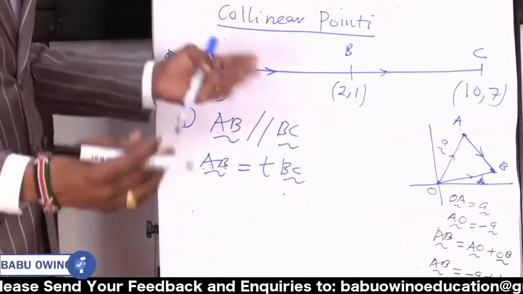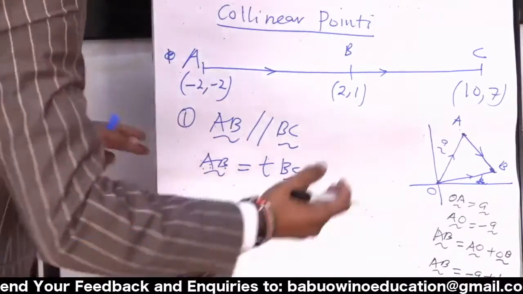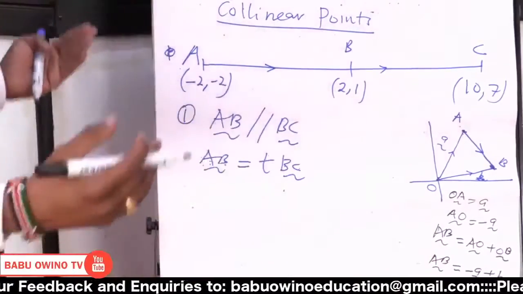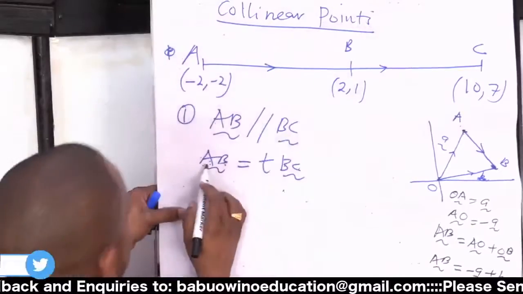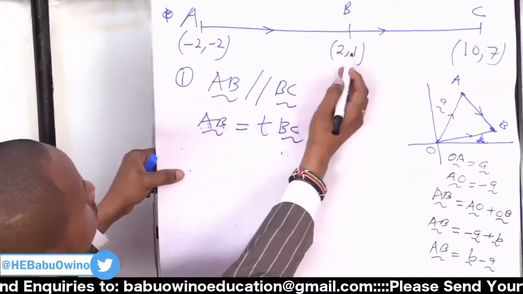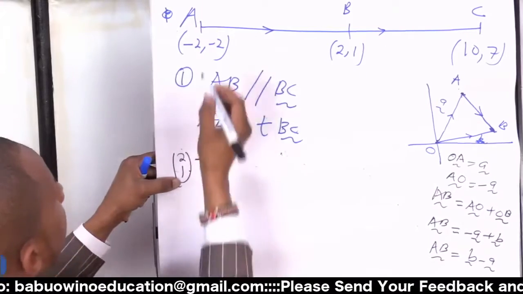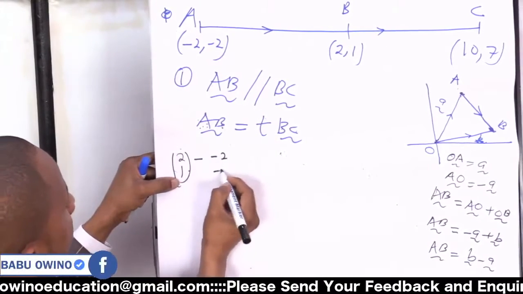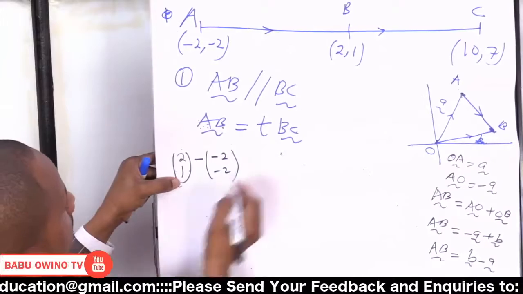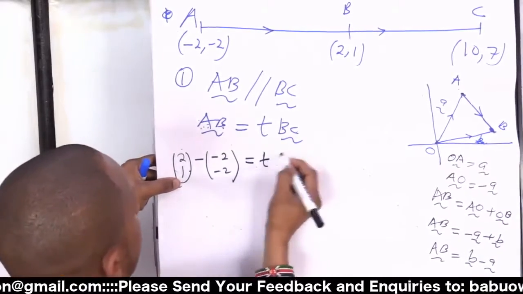So you just replace it by the coordinates, but you write it in the column vector form. So AB means B, but our B is (2, 1), minus A, our A is (-2, -2), equals T of BC.